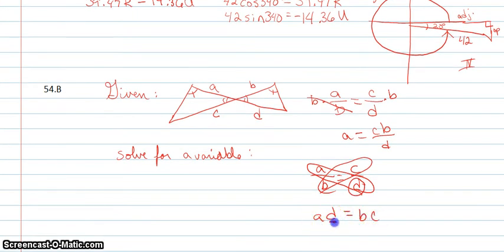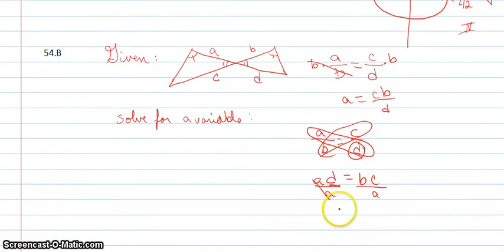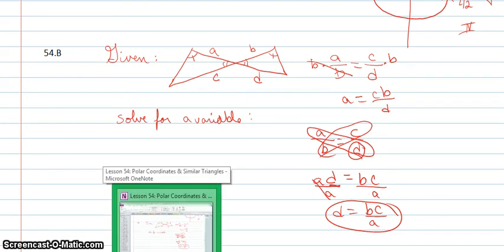And since I want to get the d by itself, I would divide both sides by a. So then d would equal bc over a, and that would be my answer. So you just set up the ratios like we've been doing, except this time you don't have any numbers. You're just going to get that variable by itself. Hopefully this is helpful, and I will see you in lesson 55.